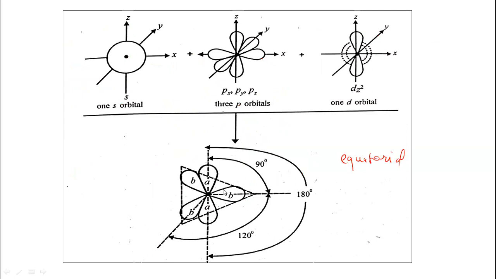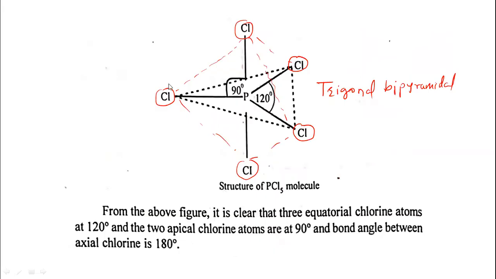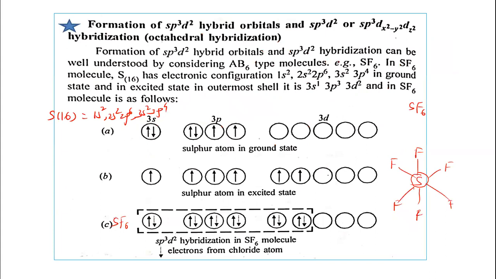So the structure of phosphorus pentachloride is like this: 3 chlorine atoms are at the equatorial position and 2 chlorine atoms at the axial position. In this way, the central phosphorus undergoes sp3d hybridization.